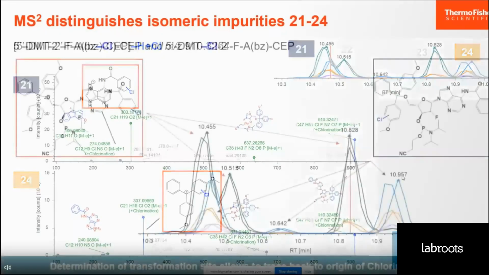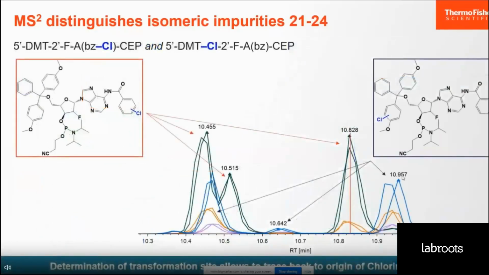So putting this all together, we're able to make an individual assessment to each peak. Why within this chromatogram, whether the chloro is on the benzoyl or the chloro is on the DMT. But then why do we see multiple peaks? Well, remember that the combination of amidite has typically two isomers, and then the potential positional isomers of chlorine within the ring system itself.